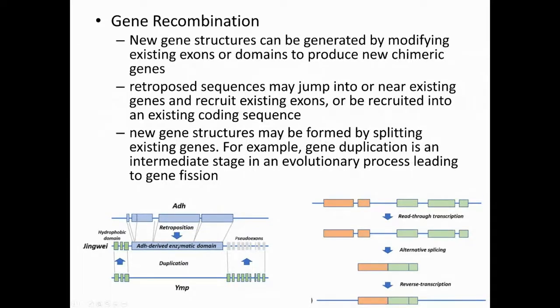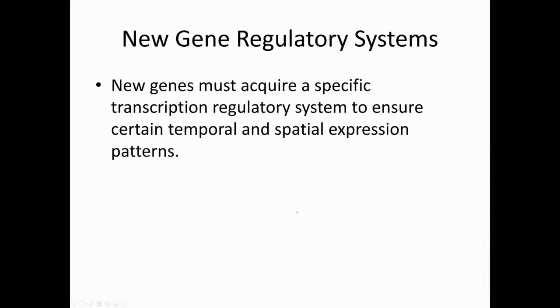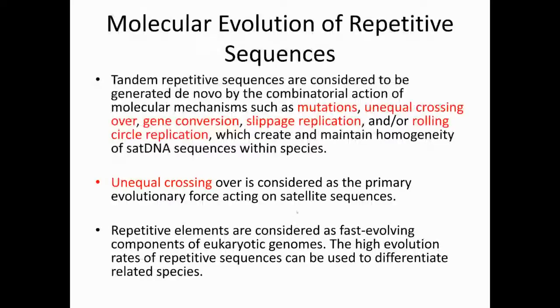And then after you acquire the new gene, the next step is to have the new gene regulatory system. So you need to acquire the regulatory sequence so it can control the gene expression of the new gene.